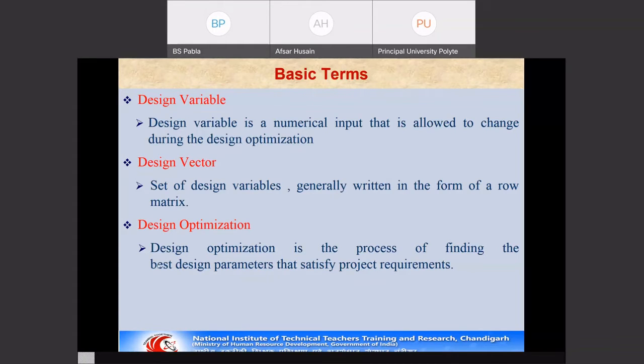So design vector: if you write all these variables, let's say we have V, F, and D variables, I can write them as x1, x2, and x3, where x1 is V, x2 is F, and x3 is D. So I can write them in the form of a vector, or I can write in the form of an array, that becomes a design vector that contains all the variables which we can change.